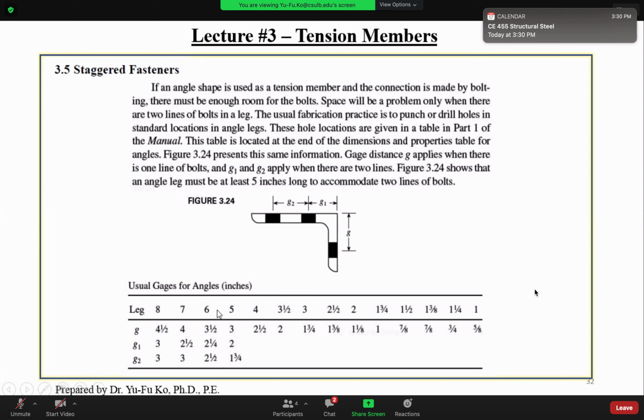How about the 6? Are they the same or different? Let me see.